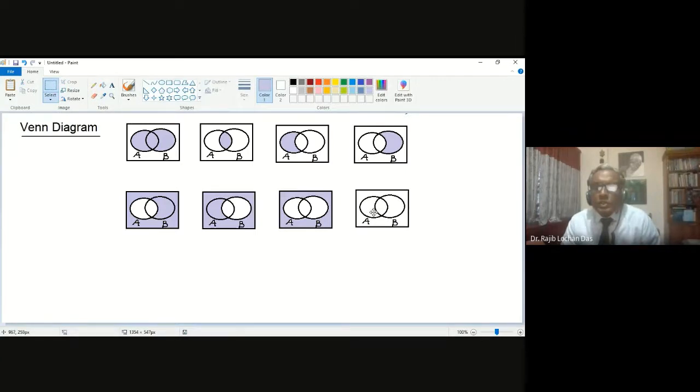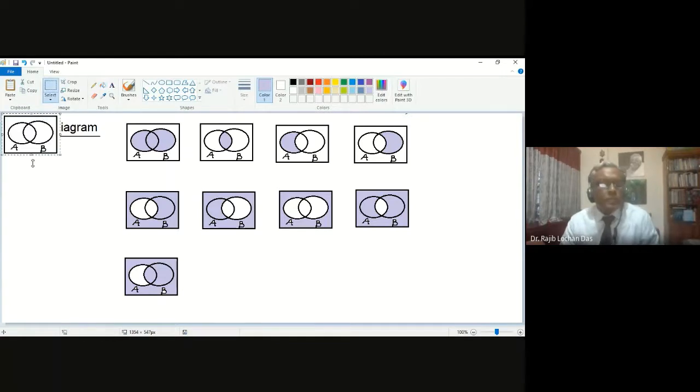What will be this area? This will be called A intersection B prime, right? What is this area? That will be A minus B whole prime.